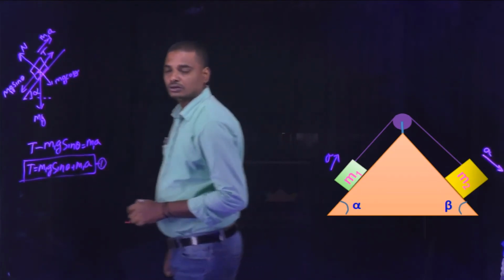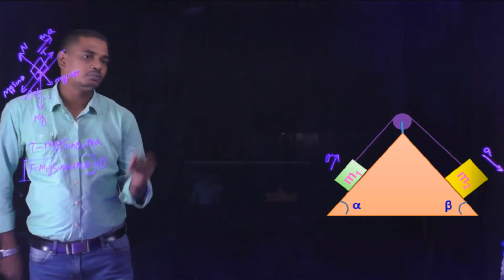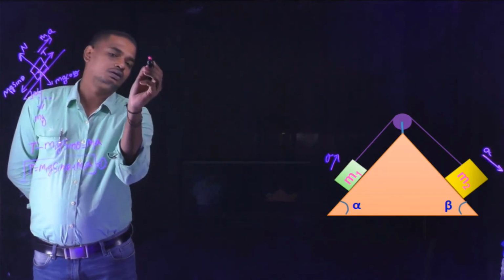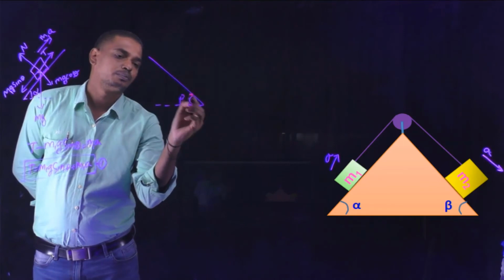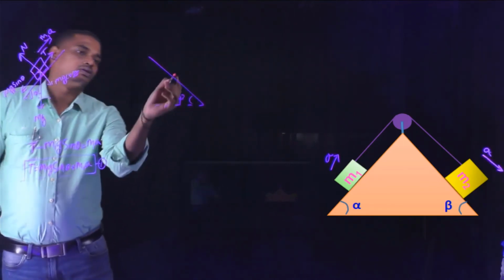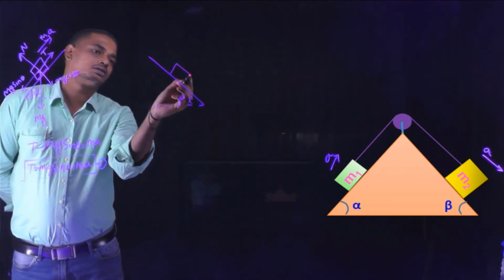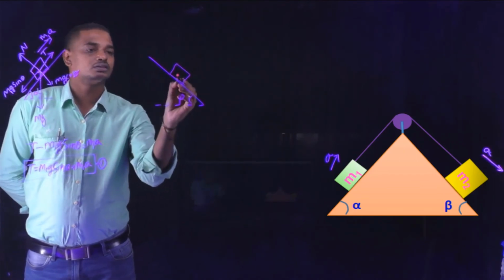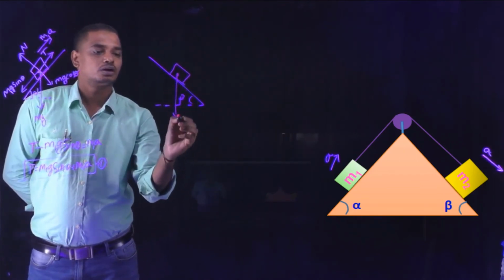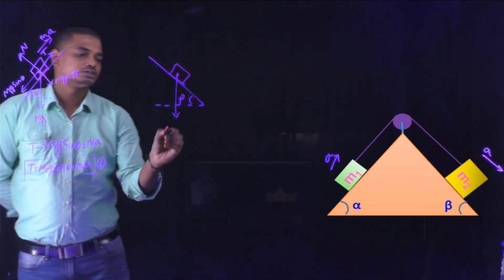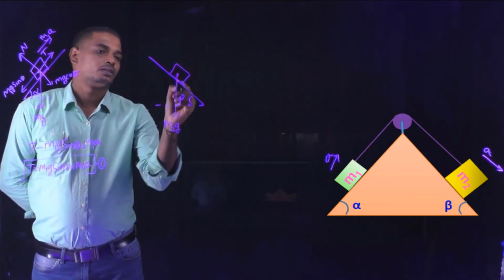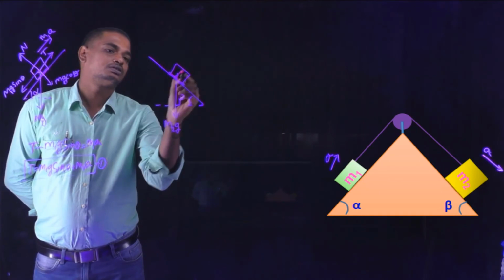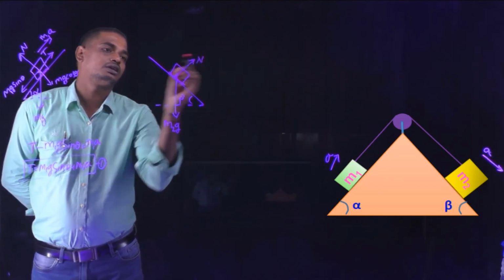Now draw the free body diagram for the second block. As the second block is moving on the inclined plane with angle of inclination beta, the forces acting on it are the weight of the block vertically downwards towards the center of the earth, that is m2 g, and the normal reaction N perpendicular to the surface of contact.